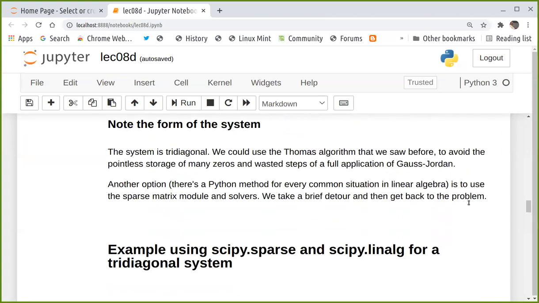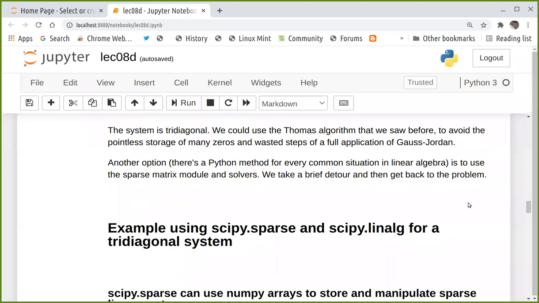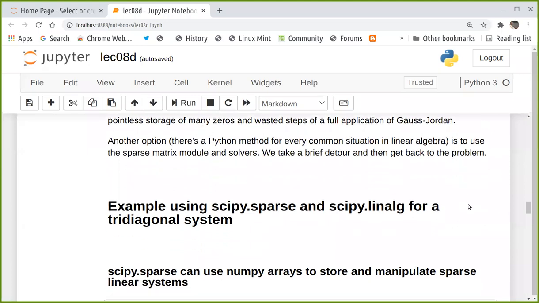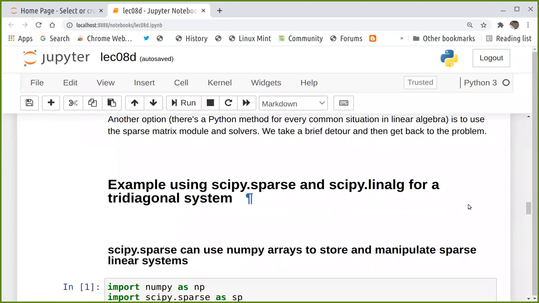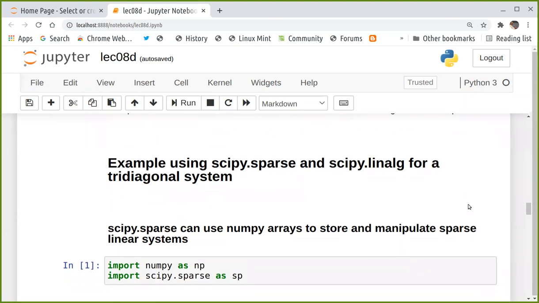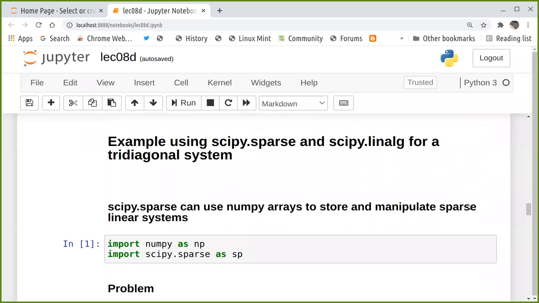Okay, so the system is tridiagonal. We discussed the Thomas algorithm before for doing this, and we had the code for the Thomas algorithm. But Python has a method for every common situation in linear algebra. So I'm going to take a brief detour through that, and then I will get back to the problem that we were doing.